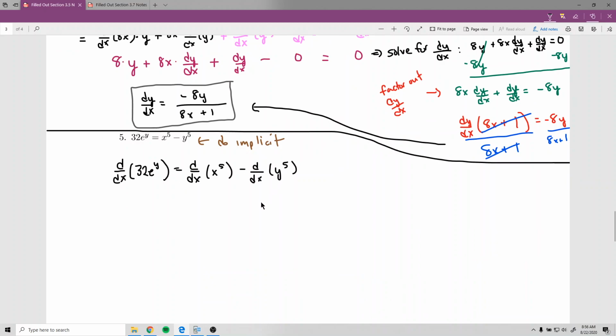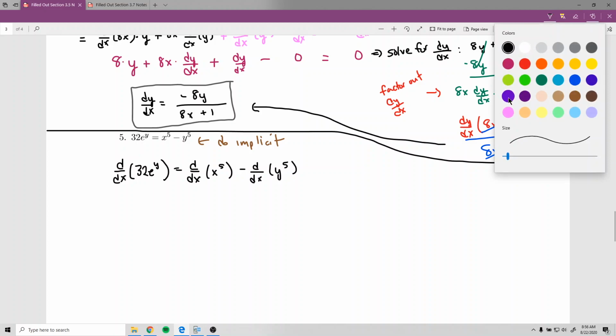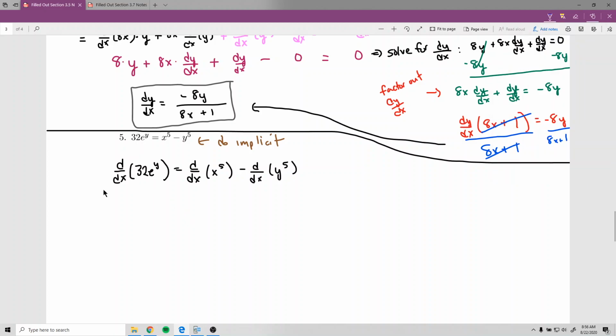Now we do the derivative of each part. On the left side here, it does have a y in it, but since we're doing the derivative of e raised to something, we start by just leaving that alone. So the 32 sticks around. The derivative of e to the y starts with just itself.